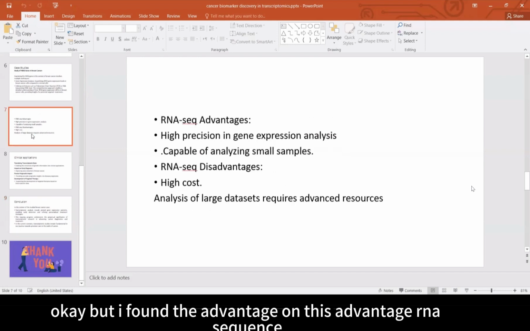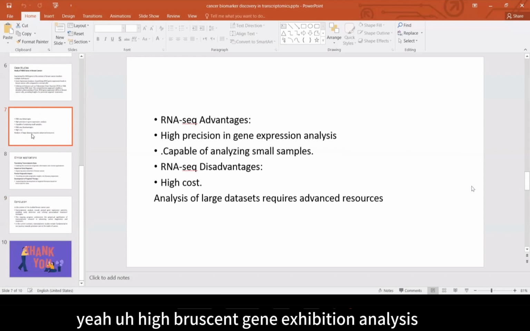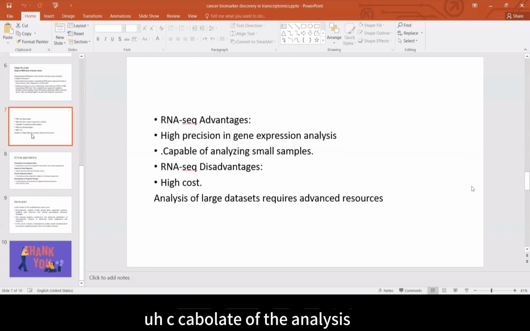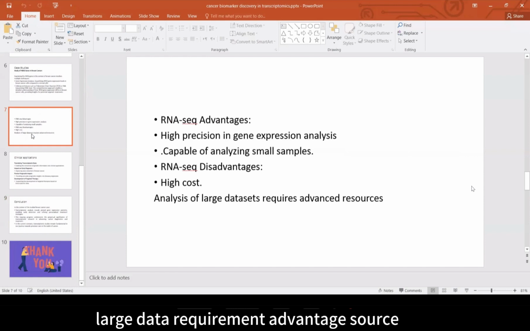Advantage and disadvantage of RNA sequencing. Advantage: high-percent gene expression analysis, capability to analyze a small sample. Disadvantage: high cost, large data analysis requirement.